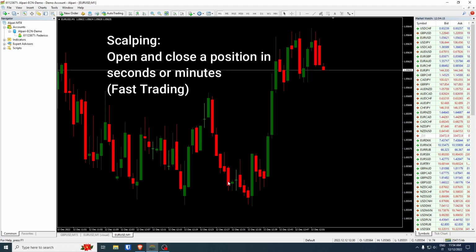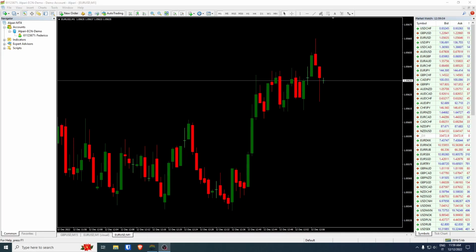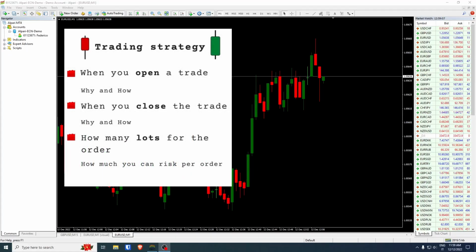What is scalping? I'm going to explain this term because we are going to do that. Scalping is essentially opening an order and then closing the same order in a matter of minutes or seconds. Pretty simple. Okay, let's talk about what a strategy is, because you hear it everywhere. Strategy here, strategy there, stock trading strategies. What is a strategy?